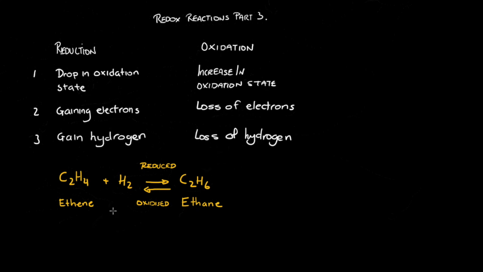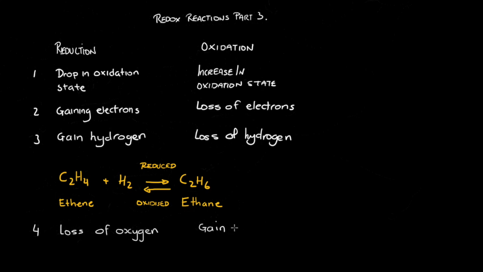Now, there is also a fourth definition. Reduction is sometimes defined as the loss of oxygen, and oxidation is defined as the gain of oxygen, which makes sense because we are using oxygen, or OXI, within the term oxidation. So you would expect somewhere to see a definition that involves oxygen.